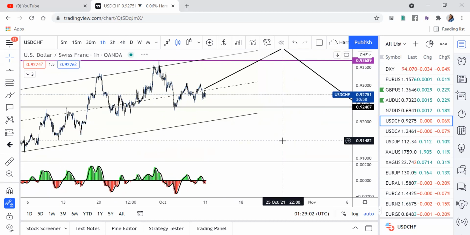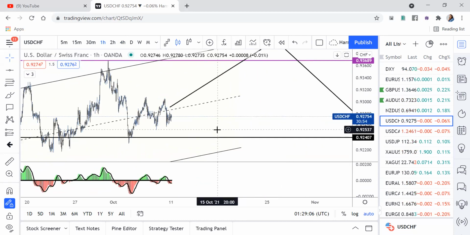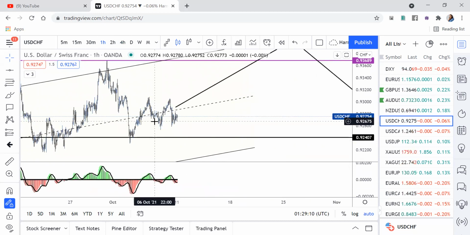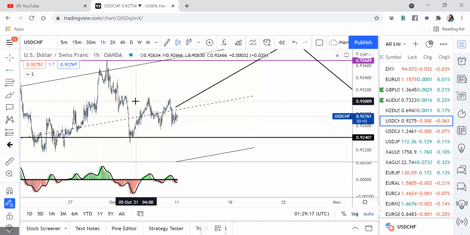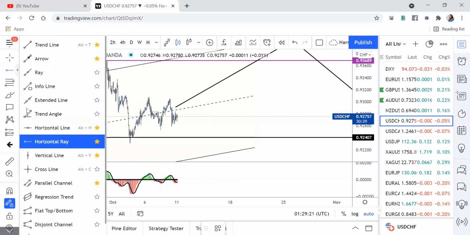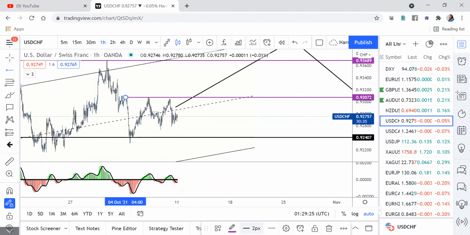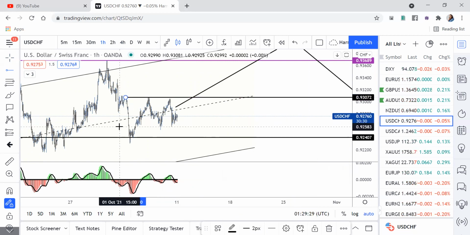So, for USDCHF, what you could wait for if you're looking to take a buy is for this 15-minute structure to break. Let me do it. So wait for the 15-minute structure to break.